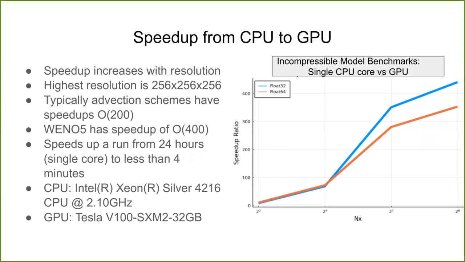That means that if you have one CPU core doing a calculation over 24 hours, the GPU can do it in less than 4 minutes. And here you see both for Float32 and Float64.